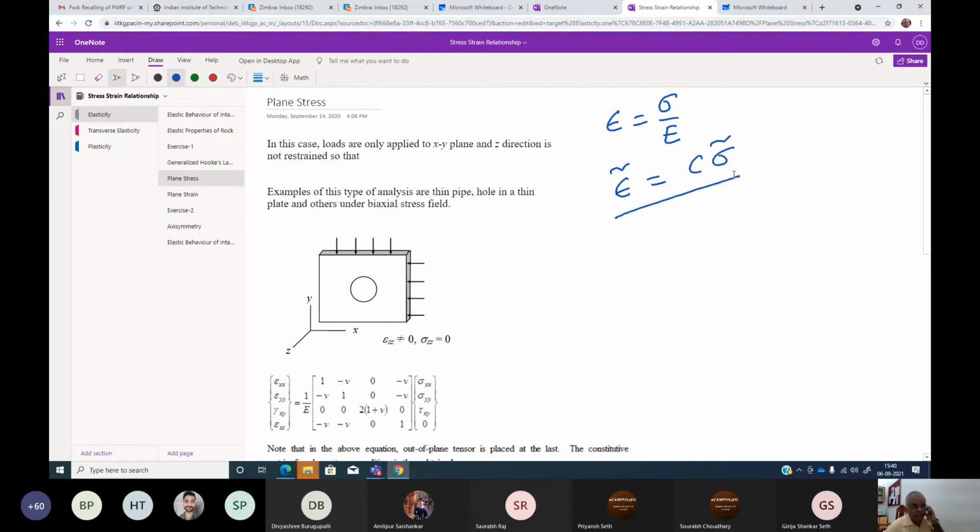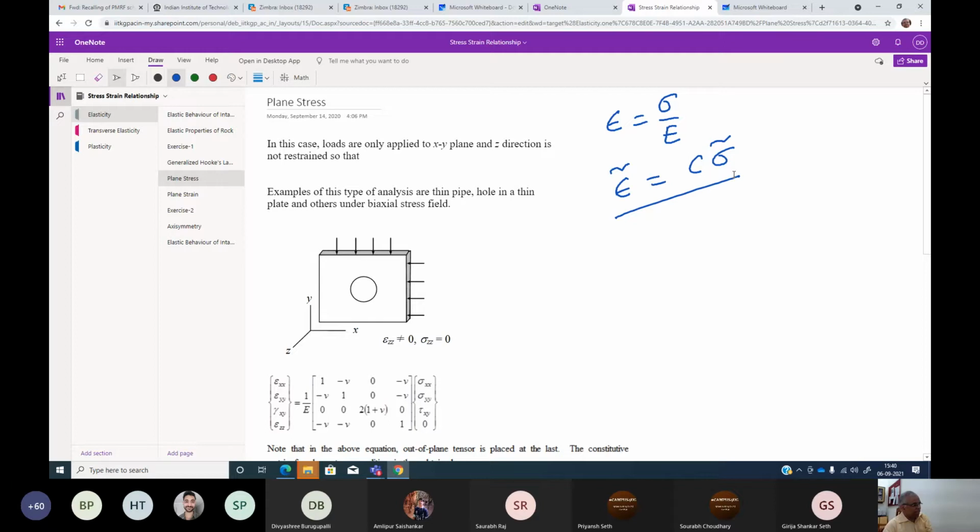Now what happens in 2D? Once we say the value or the constitutive matrix in 2D, we have to understand for what purpose we want this 2D analysis to be done. Now there are three possibilities. One of them is called plane stress, another is plane strain, and another is axisymmetry.